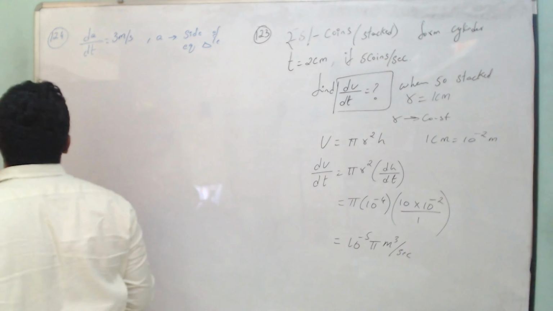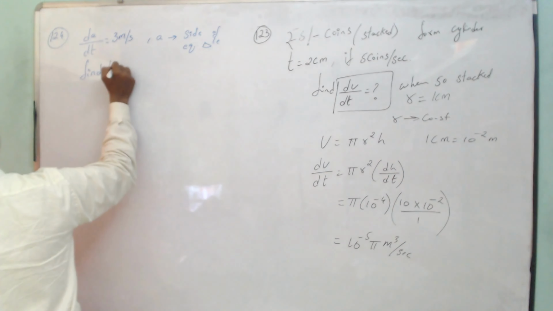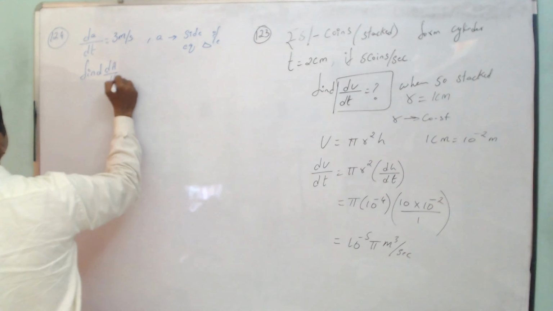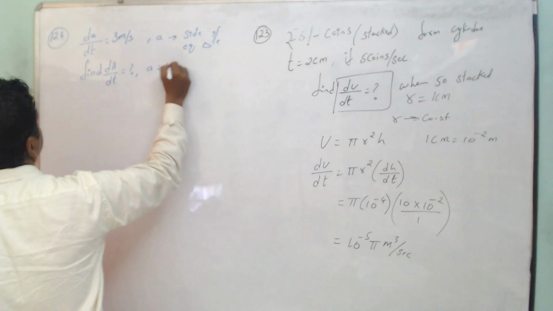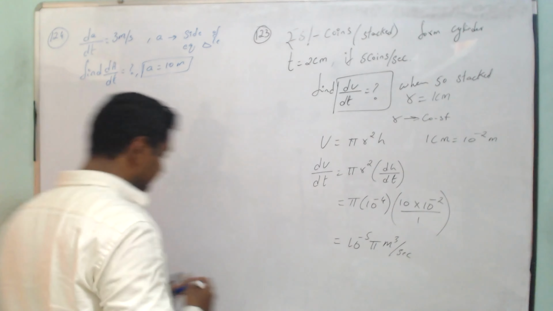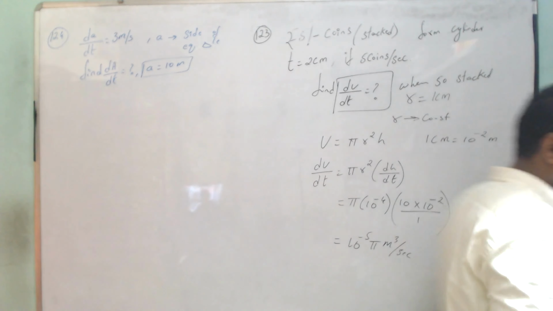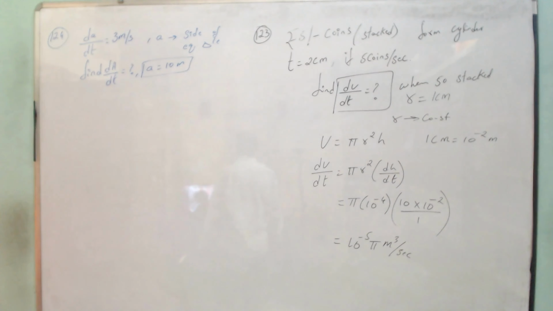Find the rate at which the area of the triangle is varying when the side is 10 meters. Area of an equilateral triangle is root 3 by 4 a square.